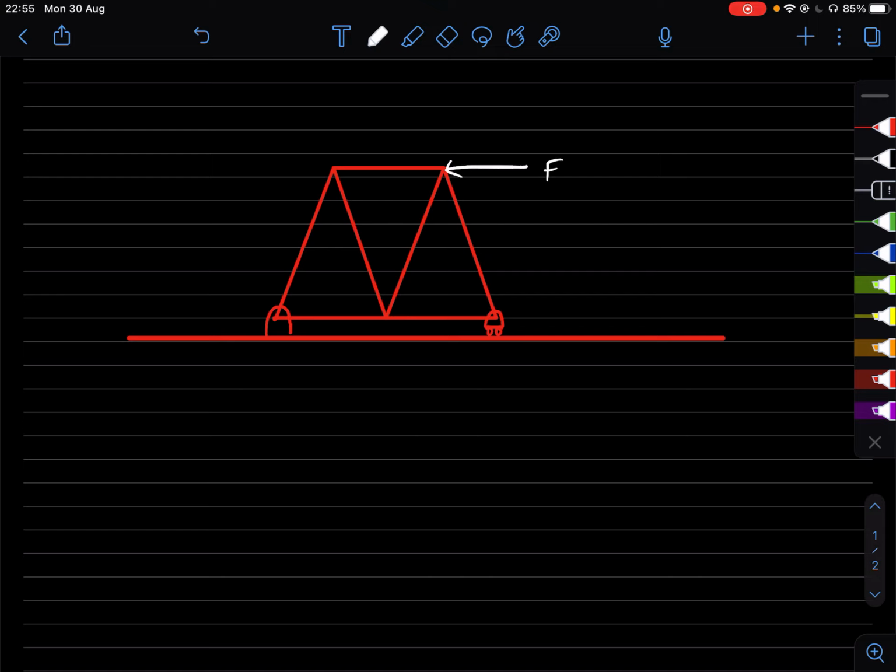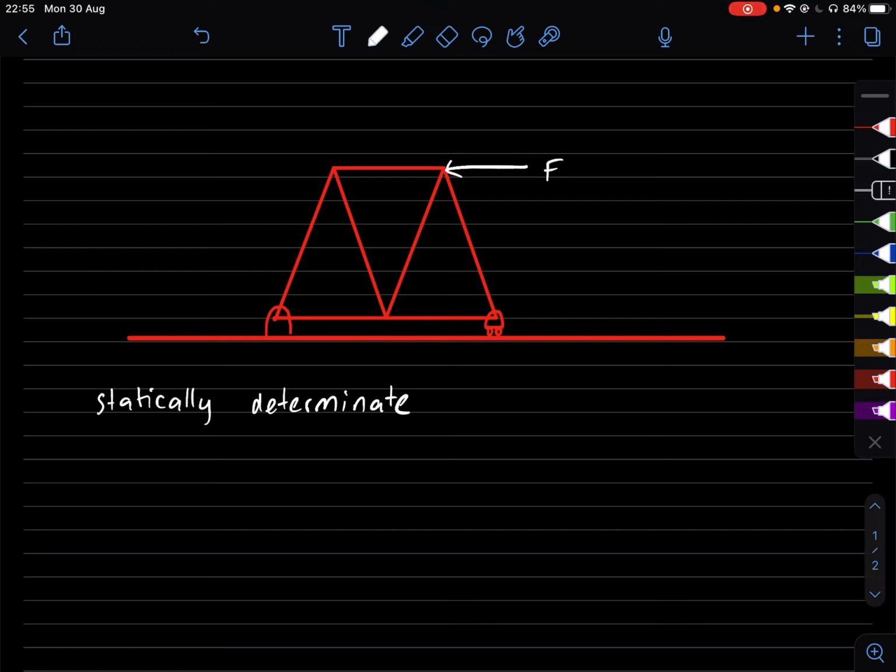Okay, so for something to be what we call statically determinate, which means something we can easily solve using our simple mechanics, we need to apply the statically determinate formula, okay?